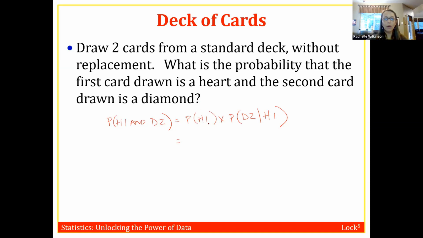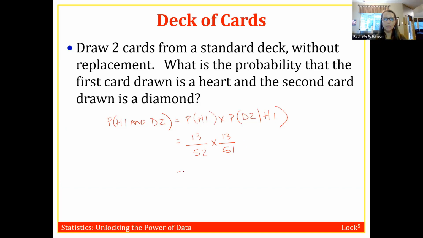The probability of drawing a heart the first time is the same as we did in the last problem, so that's just 13 out of 52. Okay, so now imagine we draw a card, it's a heart, and we're holding on to the heart. Now we reach our hand back into the deck. How many diamonds are in the deck, knowing that we drew a heart the first time? Yep, 13. And how many total cards are in the deck now? 51.